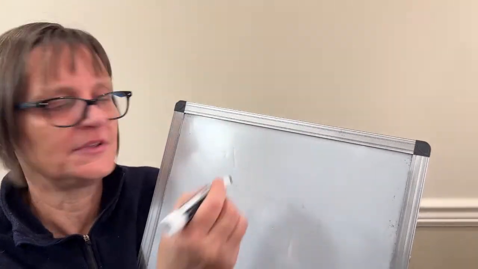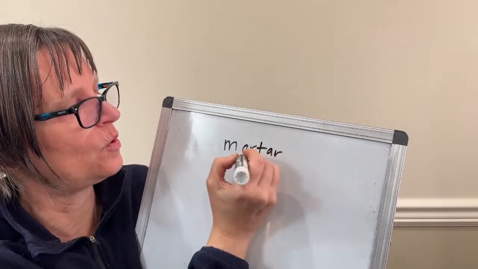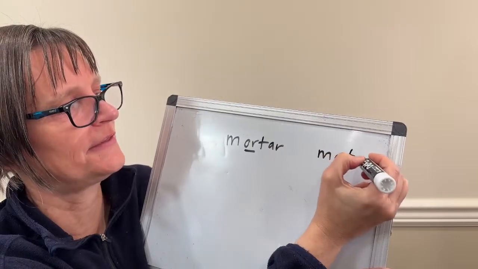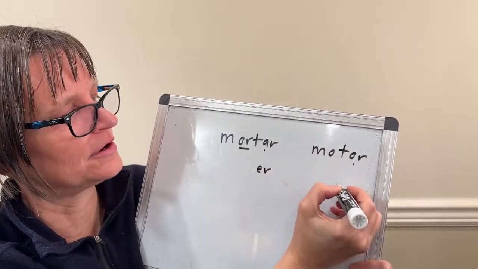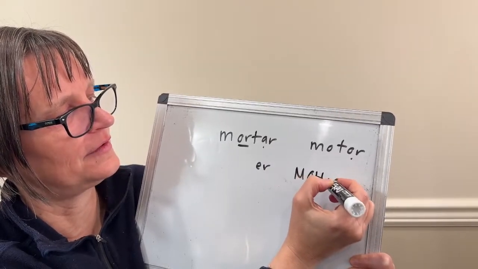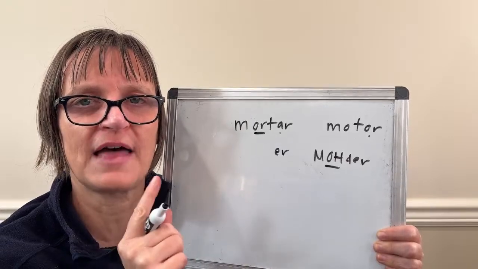Okay, we have a question about mortar and motor and whether they're the same. So for mortar, we have an or here. For motor, we have an O. So they're not the same. The final syllable sounds the same. But here, you're going to have the long, clear O, motor, with a flat T, motor.